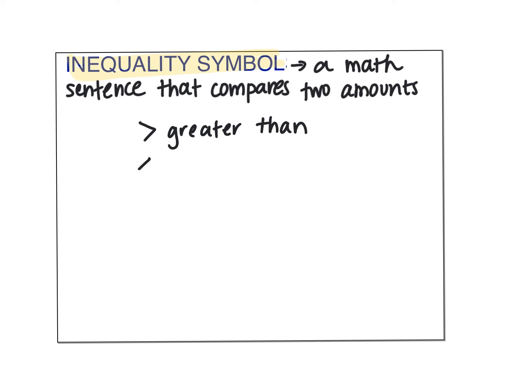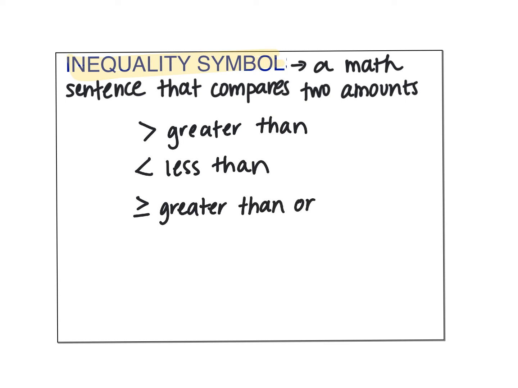If I face it the other way, it means less than. And if you put a line underneath it, that means greater than or equal to. And this one means less than or equal to.